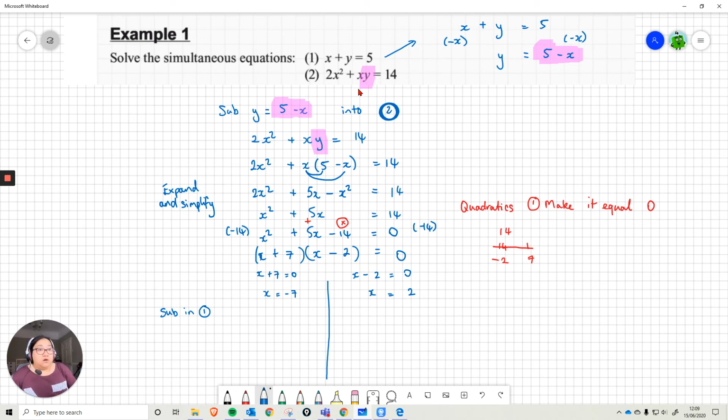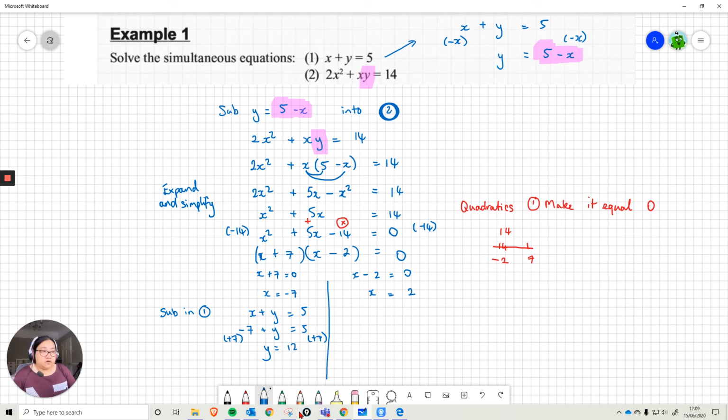So my equation is x plus y equals 5. Substituting the x for minus 7 plus y equals 5. That means I'm going to add 7 to both sides. And that means y is equal to 12.